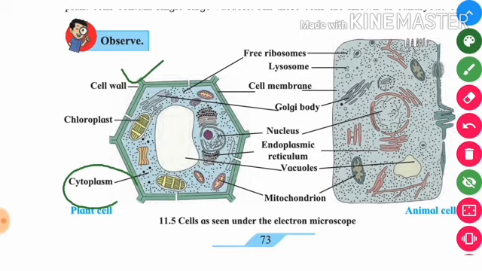Cell membrane is present in both cells. A Golgi body is also present in both cells. Then nucleus, endoplasmic reticulum, vacuoles, and mitochondria. So these are the various parts and sections of that cell.